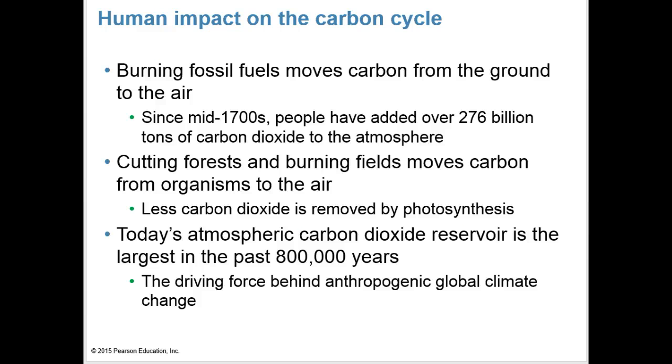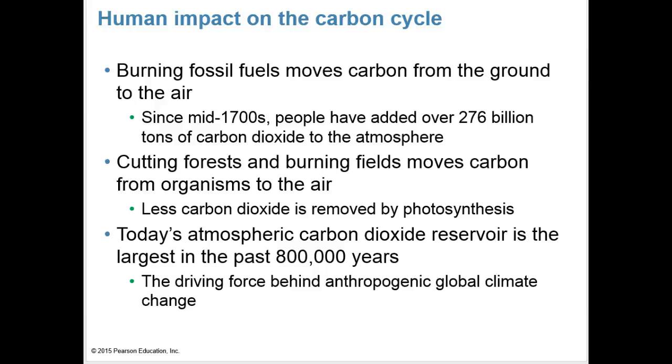Humans, of course, can have an impact on the carbon cycle just like we do on the water cycle. By burning fossil fuels, we put more carbon back into the air from the ground. It's said that since the mid-1700s, people have added over 276 billion tons of carbon dioxide to the atmosphere.